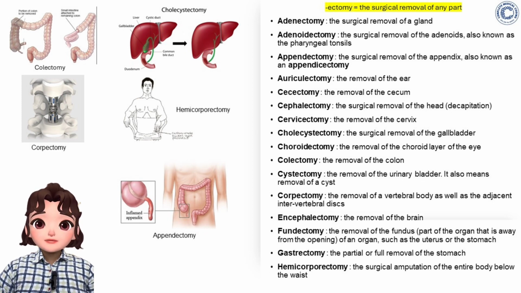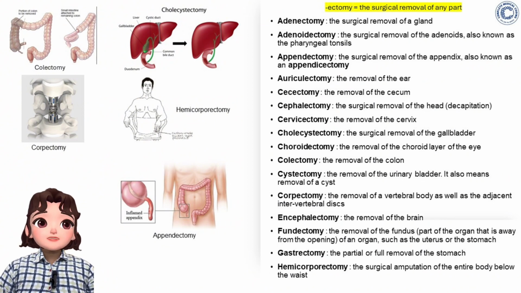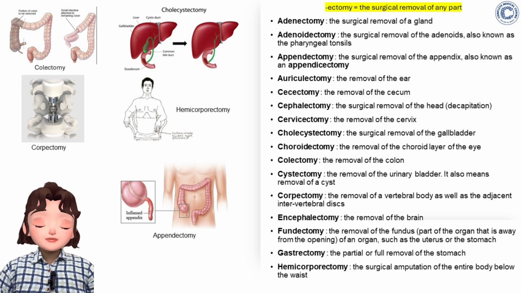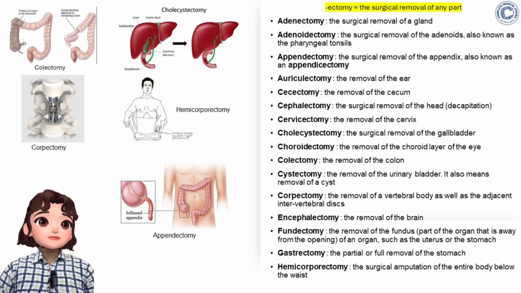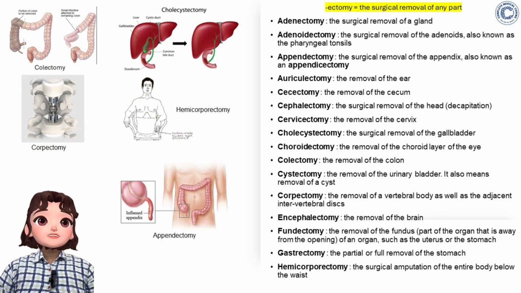All of them I have not mentioned, only a few ectomy procedures are mentioned in this episode, so that you will not be confused with the wordings. Okay, so let's move on to the ectomy procedures.